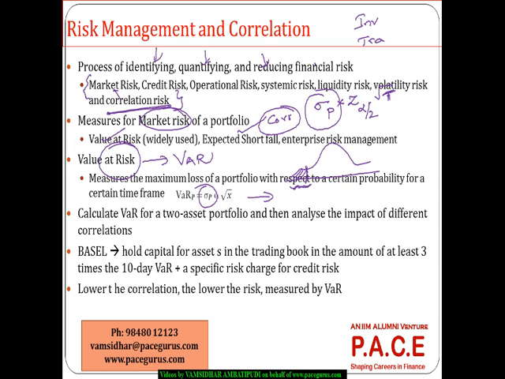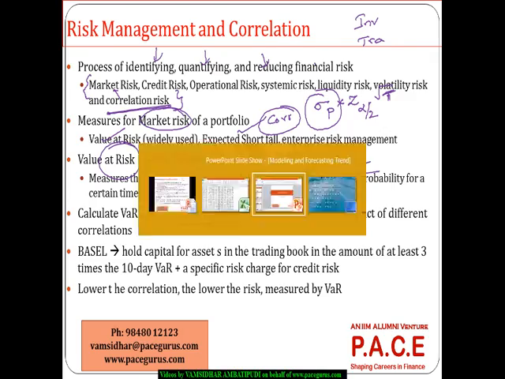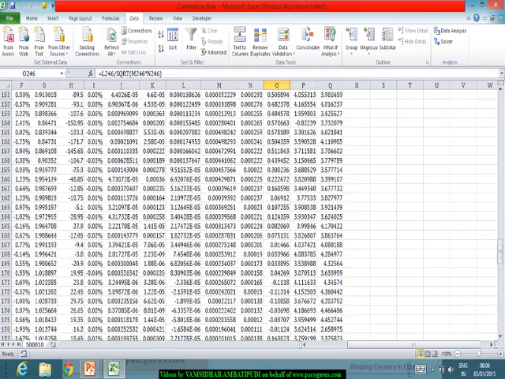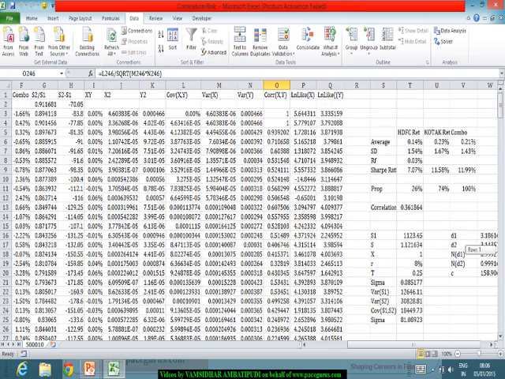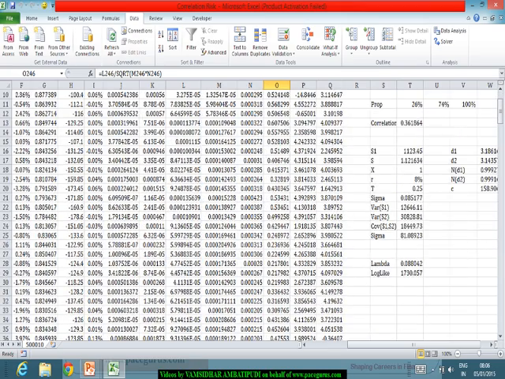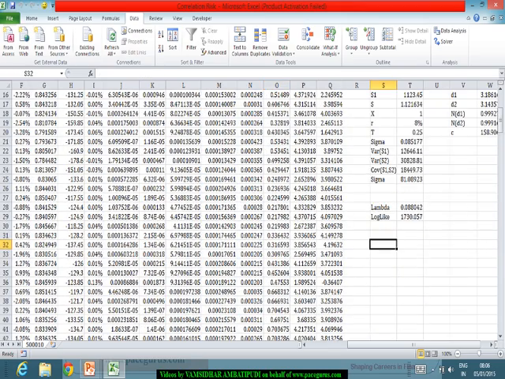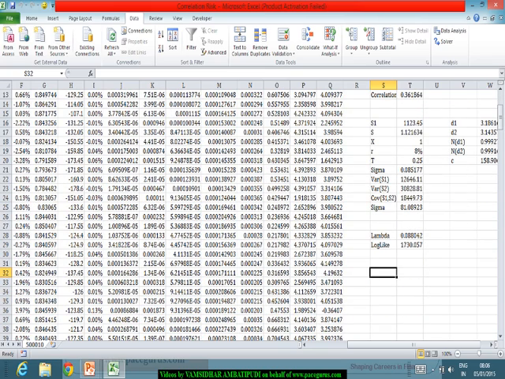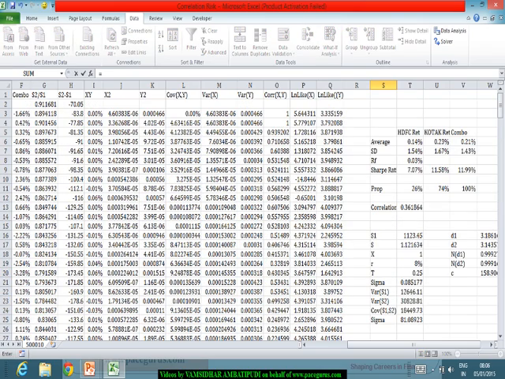So with a two-asset portfolio, we can find out the market risk. If I have the same portfolio and I have to look at the value at risk, all I have to look at is the standard deviation of the portfolio here, which happens to be, let's say, the portfolio 2674 combination.